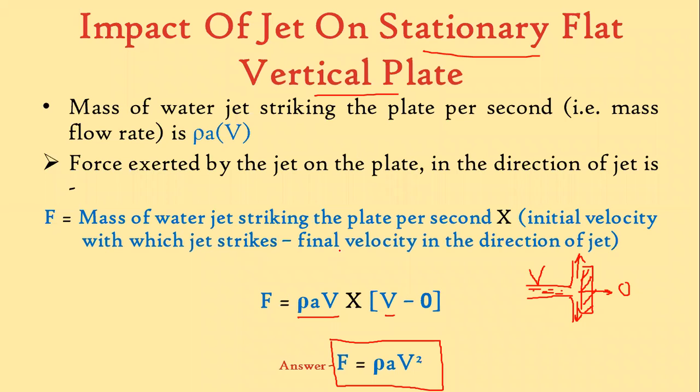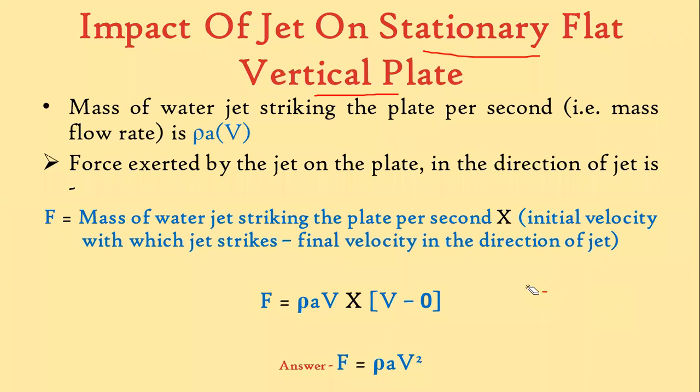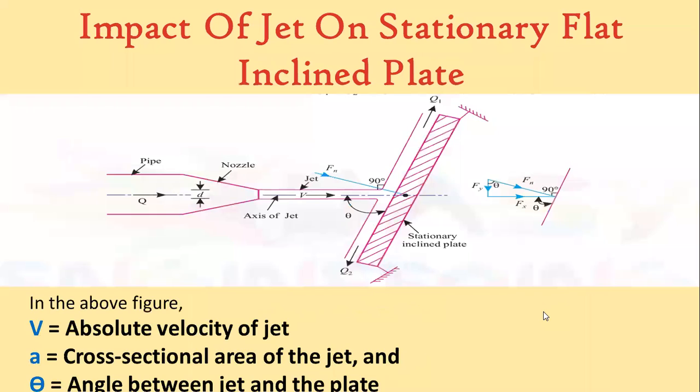So that was the numerical on impact of jet on stationary flat vertical plate. If no one has any questions or doubts, we'll proceed to the second type, that is impact of jet on inclined plate.